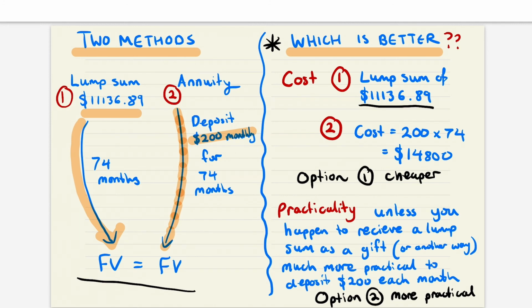What's the cost of the annuity? Well, it's $200 every month for 74 months. So to find that, we do 200 times by 74. It's going to cost $14,800. So from the perspective of how much money you've got to put in, it's cheaper to get the same end result. It's cheaper to use option one, the lump sum.